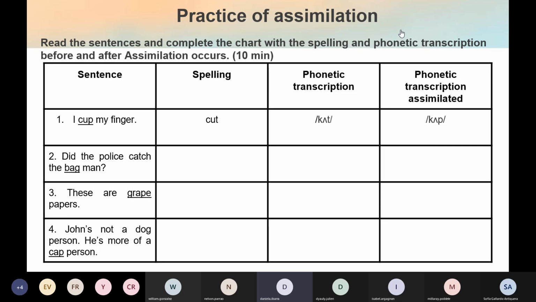Did the police catch the Batman? The correct spelling would be B-A-N-D. But when we are reading it, we change it for the sound, and it will be like, did the police catch the Batman?